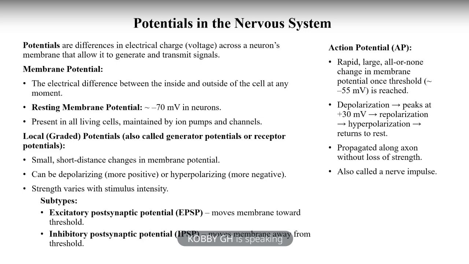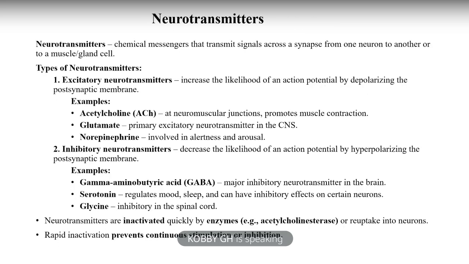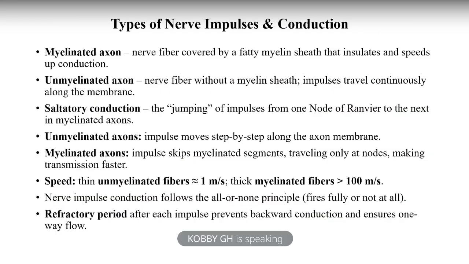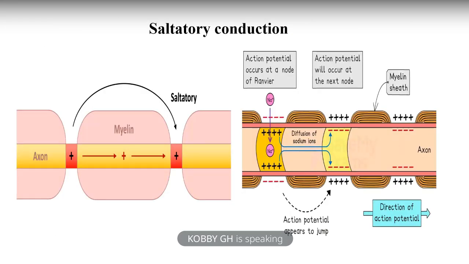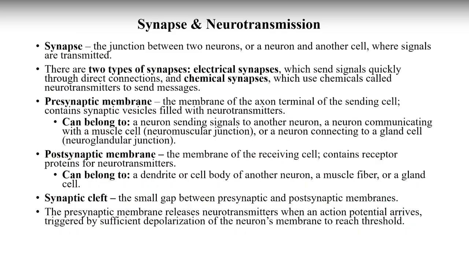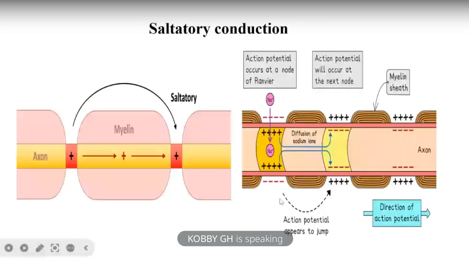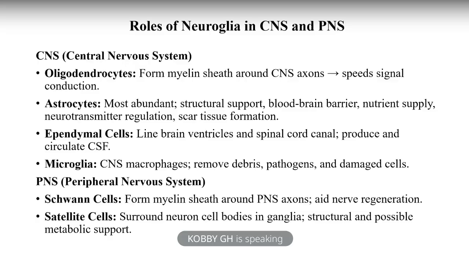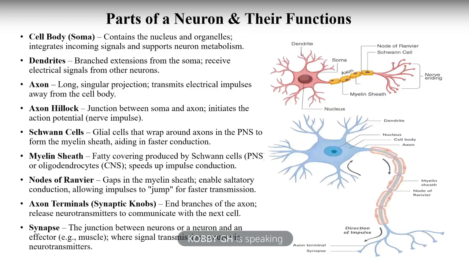Okay, so let's come back to this diagram over here. Remember, I told you that for an impulse to be transmitted along this axon, the inside of the axon has to be positive. So look at this diagram over here.